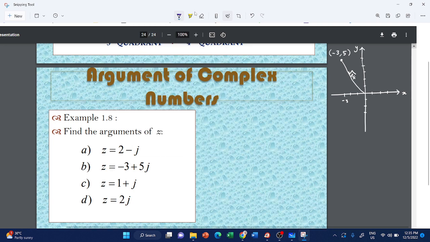Okay, so we want to find theta, the argument. So we use the same formula. So B is your Y, which is 5, and your A is negative. Can you give me your answer?